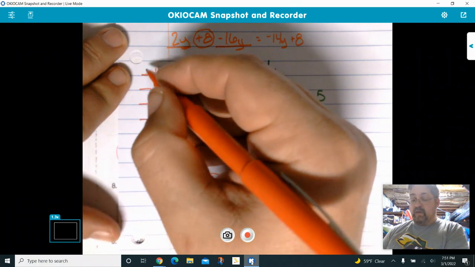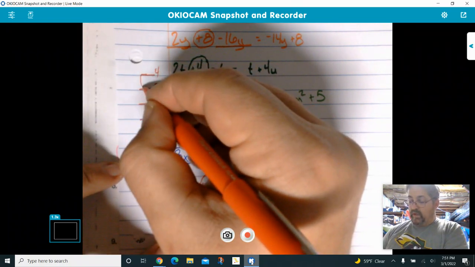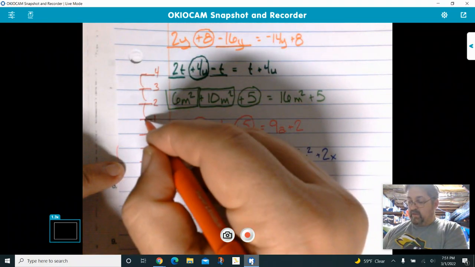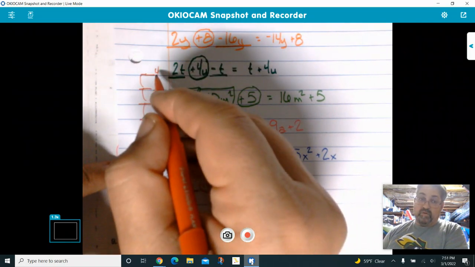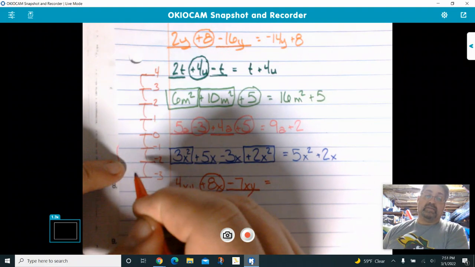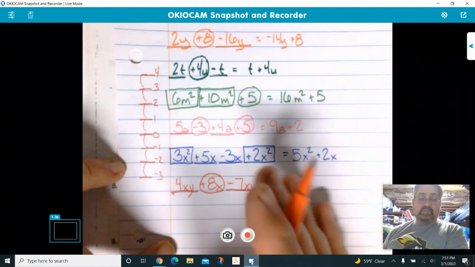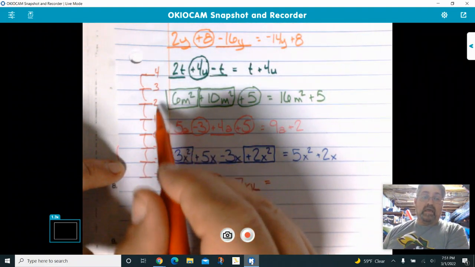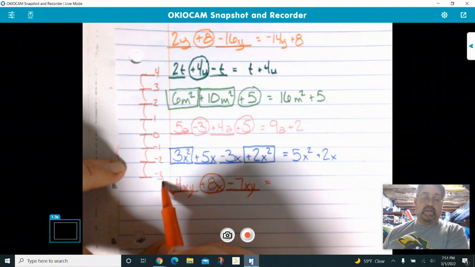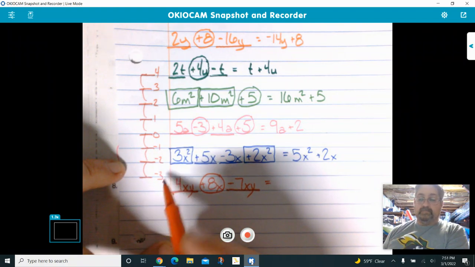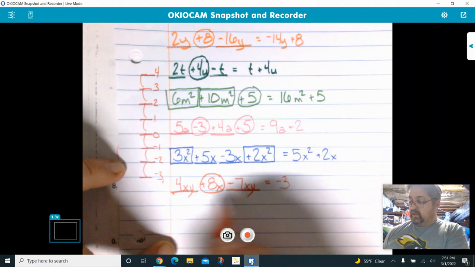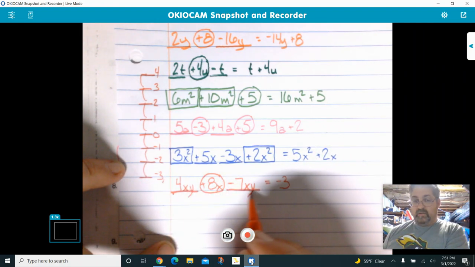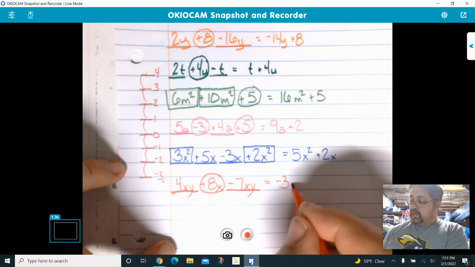So I'm starting here. Now I'm counting down 7: 1, 2, 3, 4, 5, 6, 7. I should have started with my 4 and then counted down my 7 spaces. Don't want to confuse anybody. But when I started at 4 and I counted down 7 spaces, that left me at what? -3. So I'm going to start with negative 3, and those terms have xy associated with them.